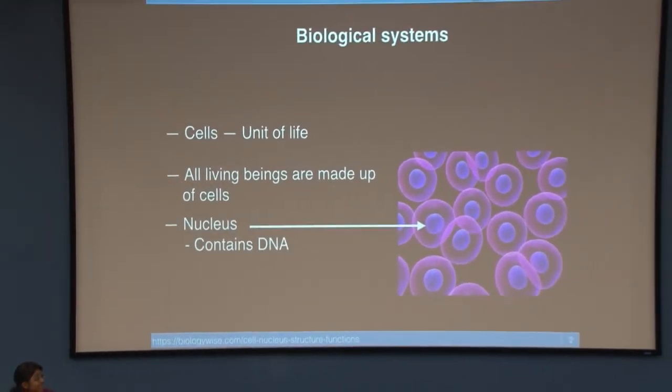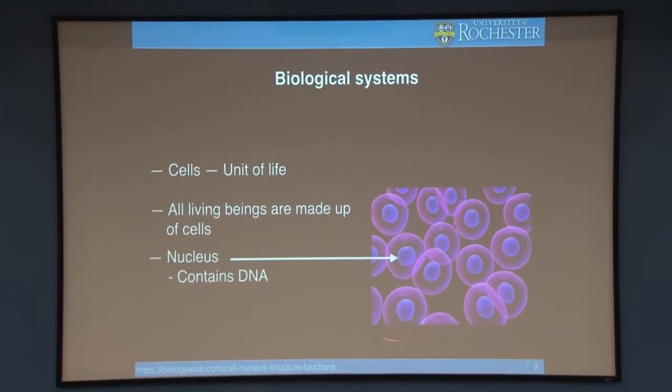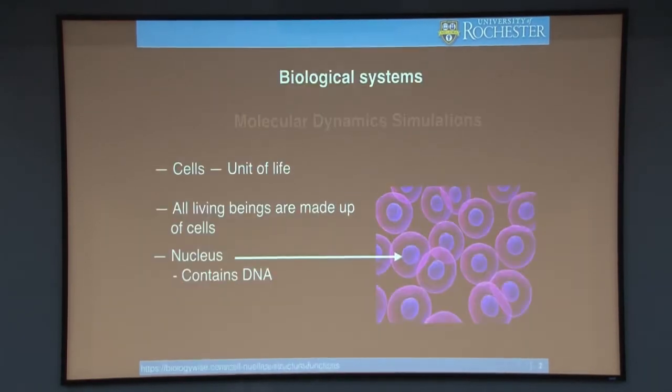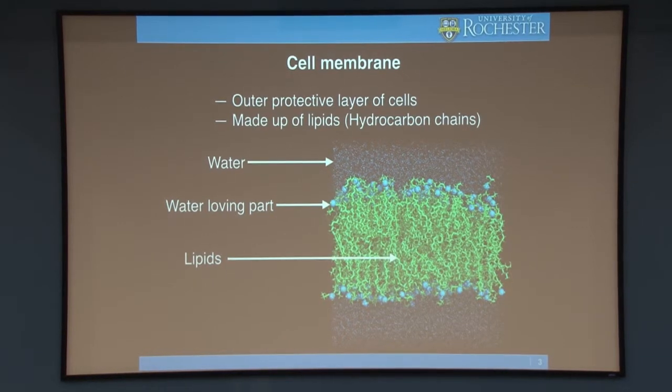Inside the cells there is a nucleus in which we have all the hereditary information. The cells are encapsulated in a cell membrane, which separates the cells from their environment. If there was no cell membrane, water could gush into our cells and burst them open. So basically the cell membrane protects our cells.